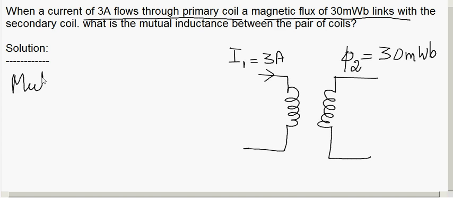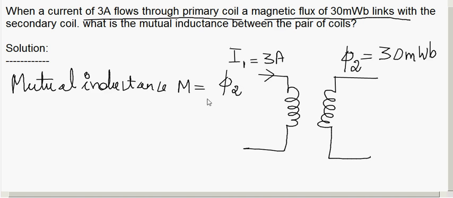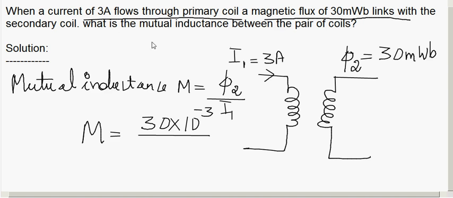Now what is the mutual inductance between the pair of coils? Now we have the equation for mutual inductance as mutual inductance M is phi 2 by I1. M is phi 2, that is 30 milliweber, divided by I, 3 amperes.